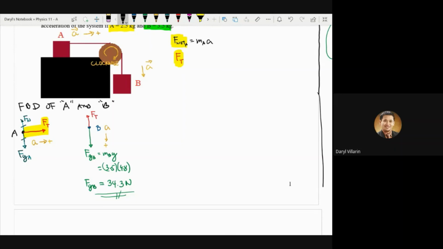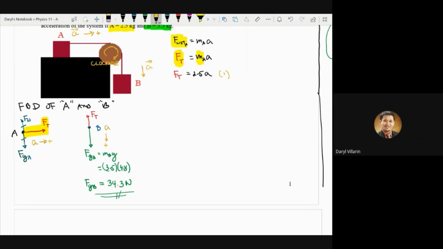So that would be equivalent to MA times A. Using the known values, MA is just equivalent to 2.5, so this is 2.5 A. I have two unknowns here, but I have one equation. So this is just one equation that I got.